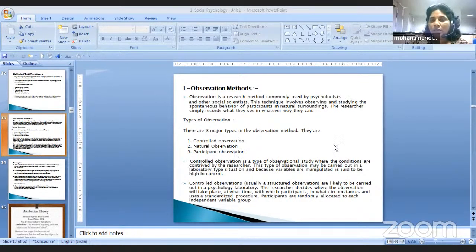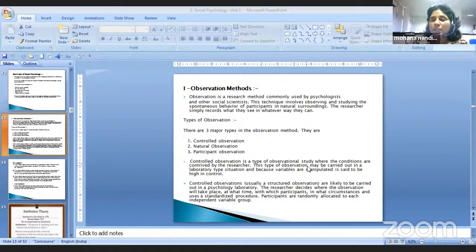In natural observation, you see the way he behaves with others, whether he shows any kind of aggressive nature with others. The person's spontaneous behavior is what we are studying in natural observation. These are the three things we do in the observation method. Suppose the person has a lot of aggressiveness in his behavior, most of the time he may collide with others, he may throw the next person, he may react differently. So it all comes under natural observation.